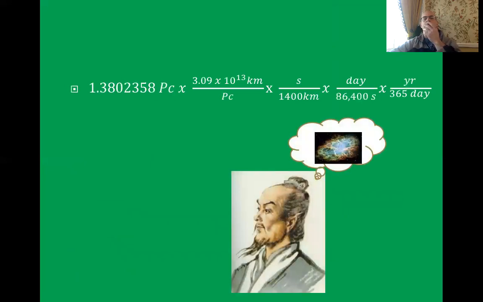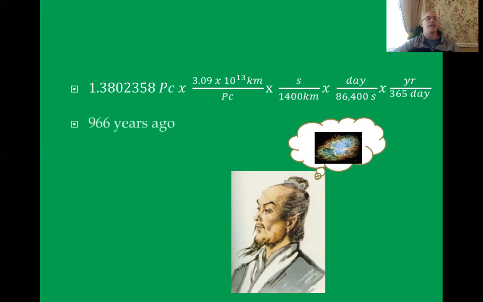Basically, take the radius of the supernova remnant, the Crab Nebula, convert from parsecs into kilometers, and then divide by 1,400 kilometers per second to tell you how many seconds, then convert from seconds into days, and then from days into years.